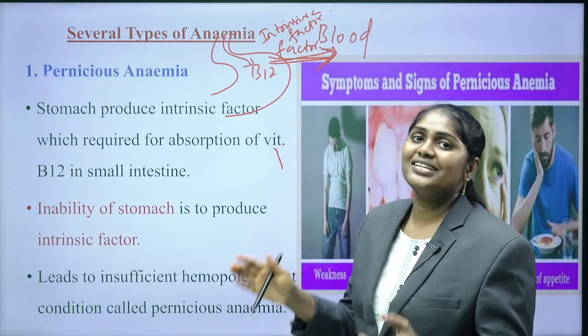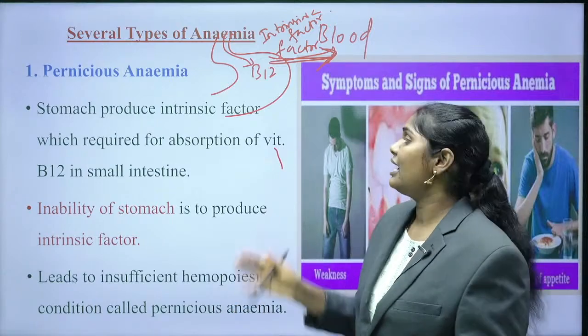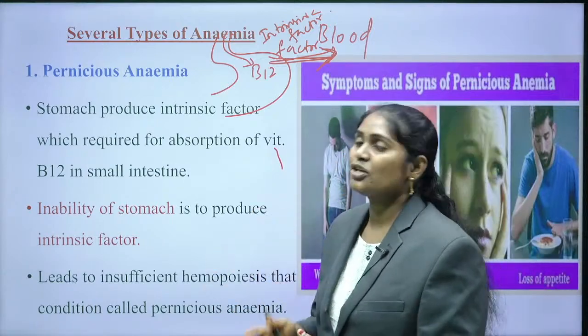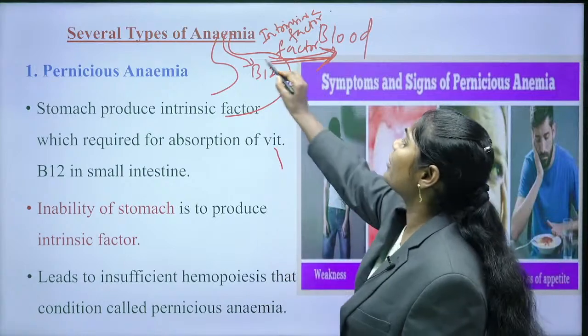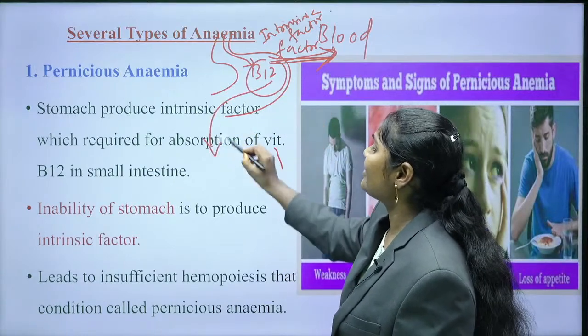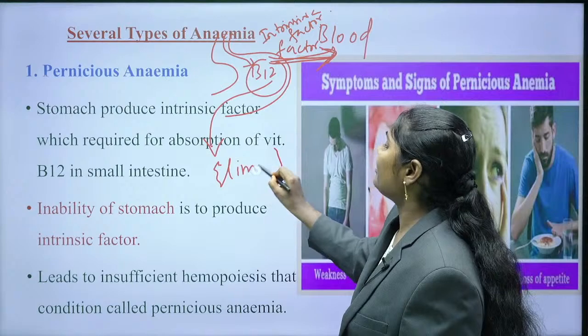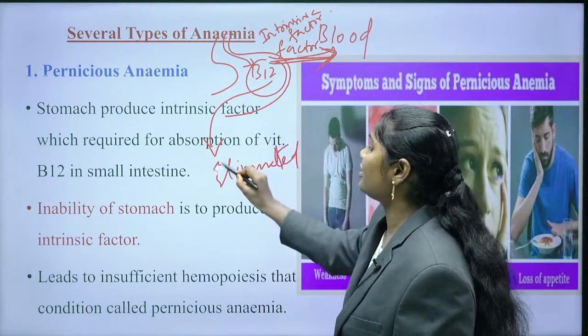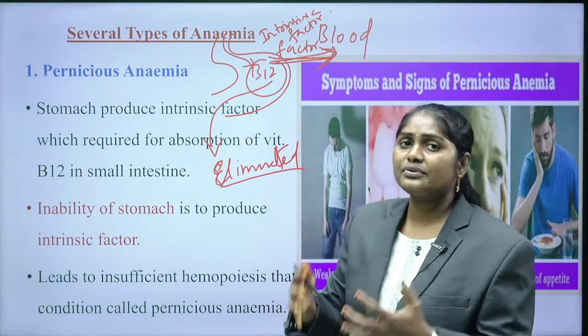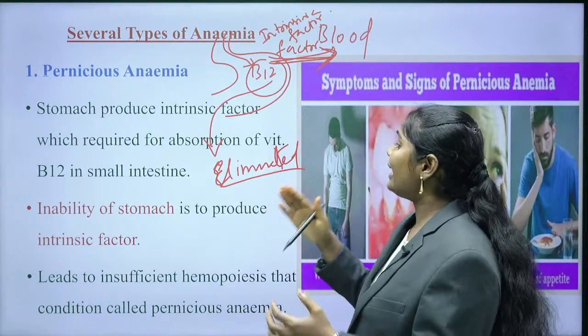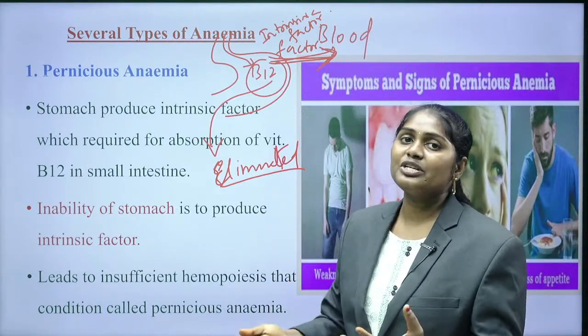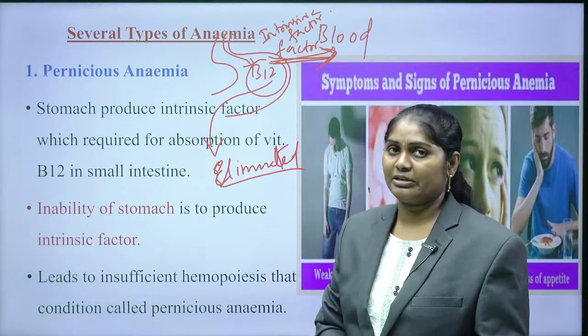But if that intrinsic factor is very low, you don't have proper absorption of vitamin B12, so it is eliminated from your body. It is not absorbed, your body can't use it, so you will have a deficiency of vitamin B12.